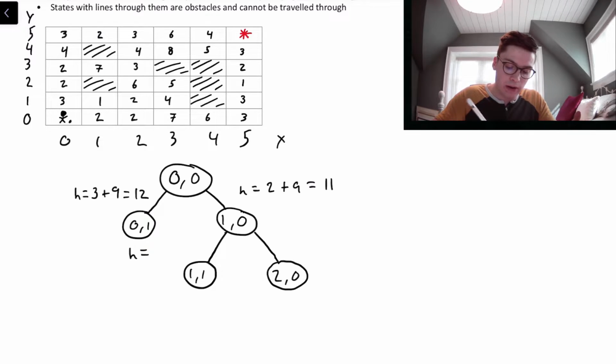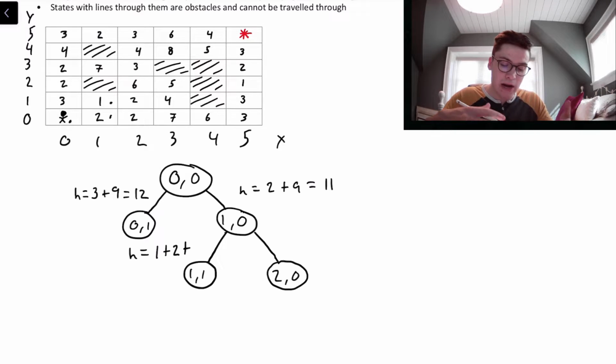So I'll show you. For 1, 1, it costs, as you can see on the cell here, 1. So 1 plus the previous cost of the cell where we came from was 2, because we came from this cell right here. So you add that to it.